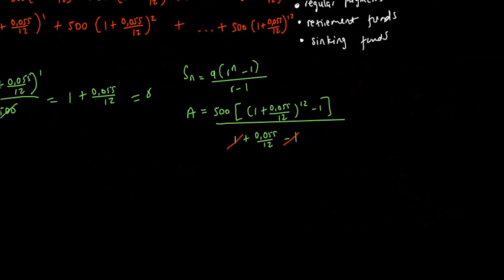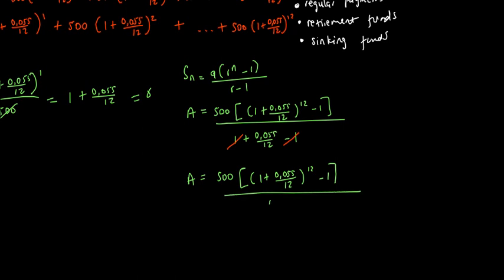So you then have yourself the accumulated amount as 500 into 1 plus 0.055 divided by 12. My board is very slow today. I'm very sorry. Could have finished this much faster. Divided by 0.055 over 12.